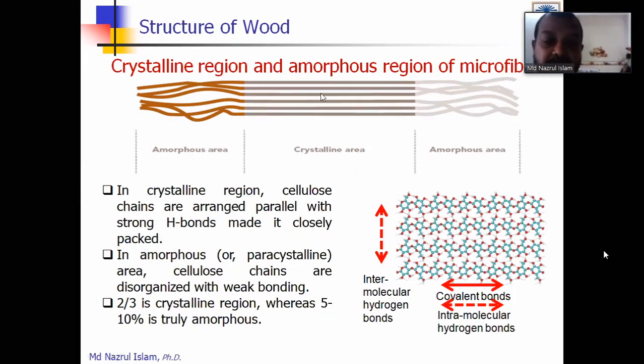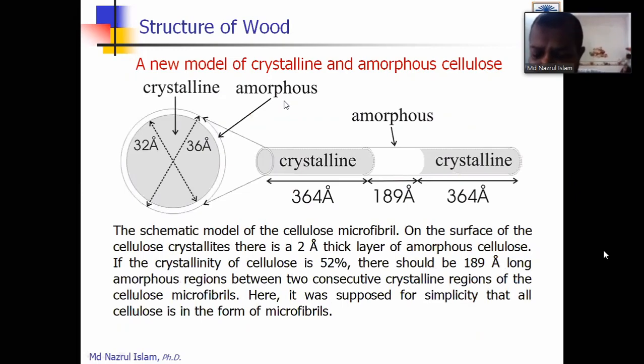You see, these are the cellulose chains oriented. So we are saying some part amorphous, some part crystalline. But in the recent study, scientists are proposing that the central portion of that cellulose chain is crystalline and the outer portion is amorphous. Whatever, not yet proved. However, you should know that there are two different thinkings.